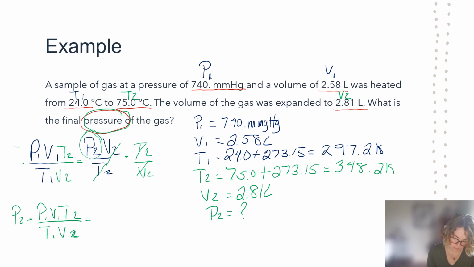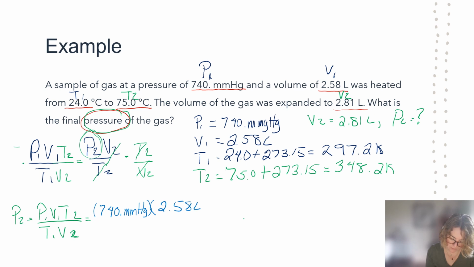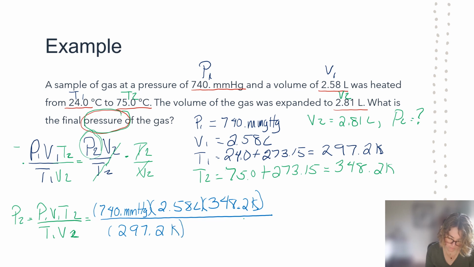I am going to take 740 millimeters of mercury times V1, which is 2.58 liters, times T2, which is 348.2 Kelvin, all divided by T1, which is 297.2 Kelvin, and V2, which is 2.81 liters. P2 is what I am looking for.